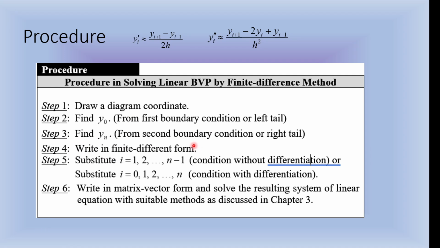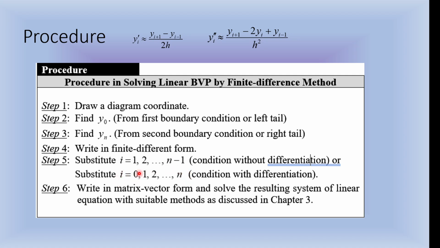After that, for derivative boundary condition, since you need to find y0 and yn as well, you have to substitute i from 0 up to n, because y0 is unknown, yn is unknown. So you have 2 extra points that you need to find, which are y0 and yn. So you have an n plus 1 linear system to be solved.